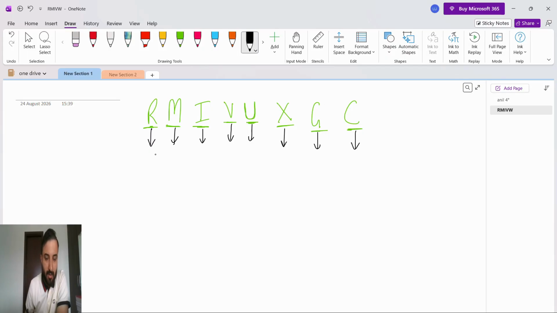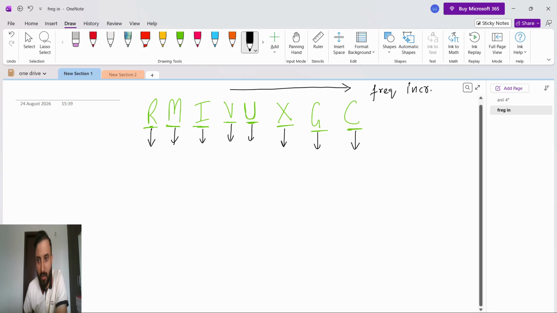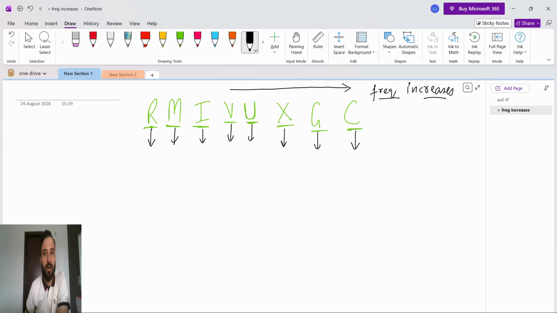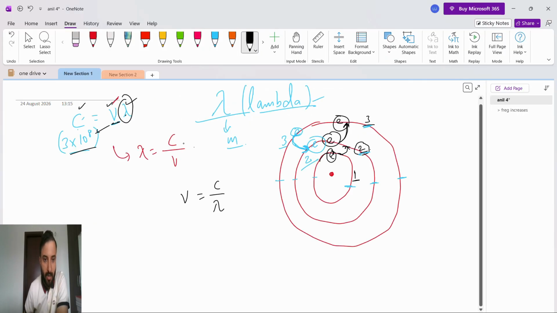Okay, because see what will happen: if you go like this, frequency increases. Guys, we know frequency and wavelength are inversely proportional. You can see from here: this is wavelength, this is frequency, inversely proportional, right?